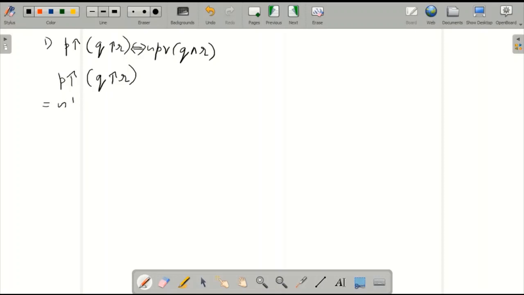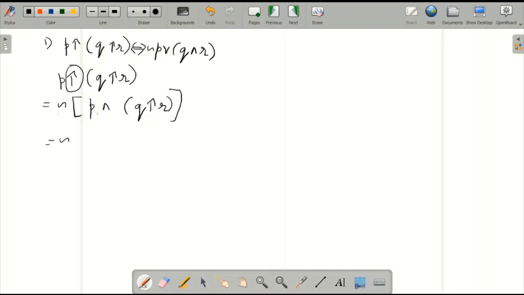Put a bracket, then P, and within the bracket the Q part as it is. I replaced this term with not and. So I got P and negation of (Q NAND R).